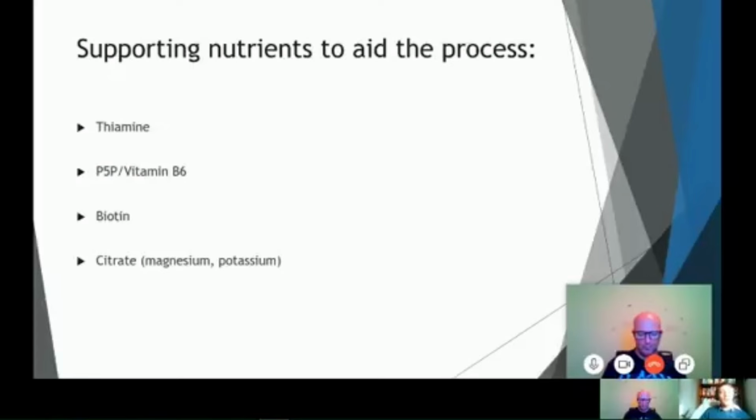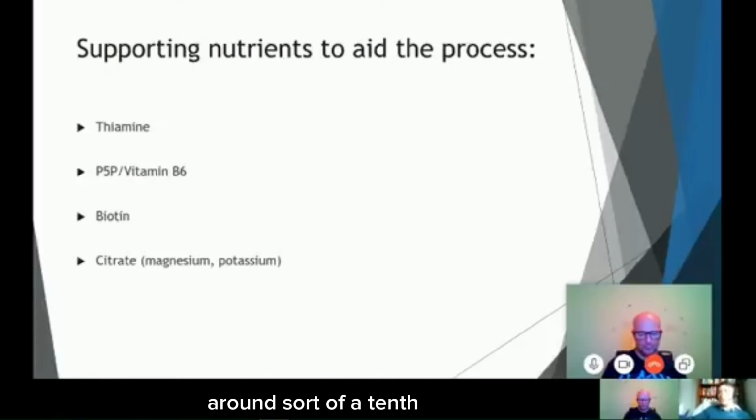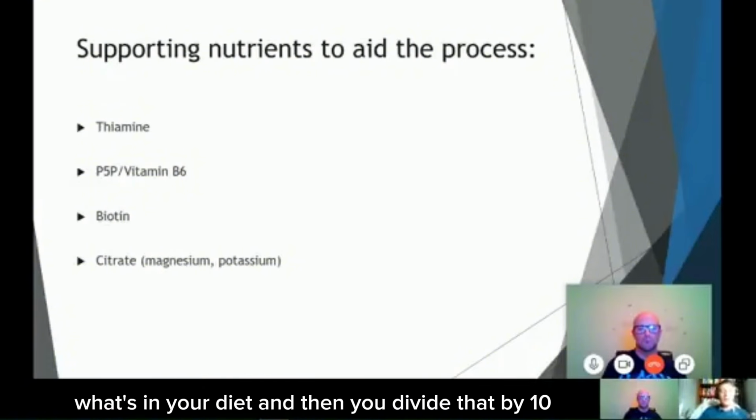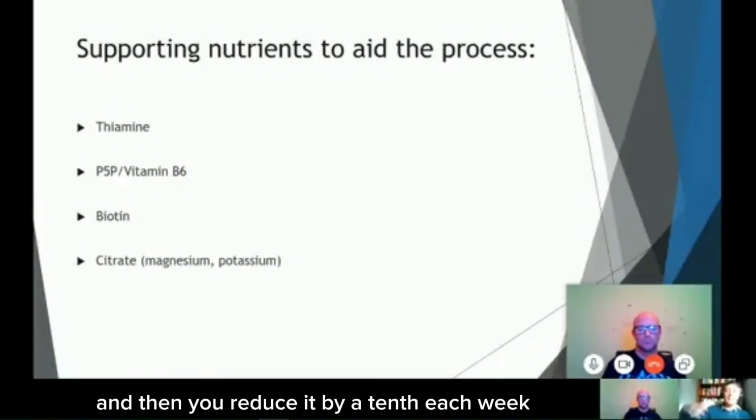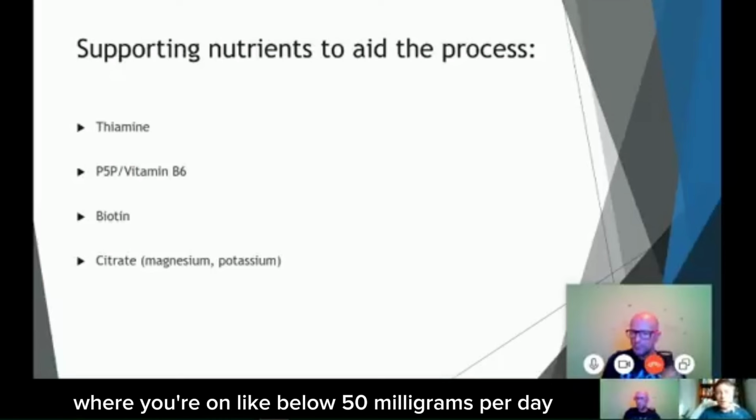So the general recommendation is that people reduce it by around a tenth. You add up what's in your diet, divide that by 10, and then reduce it by a tenth each week until you get to the 10th week, where you're on below 50 milligrams per day.